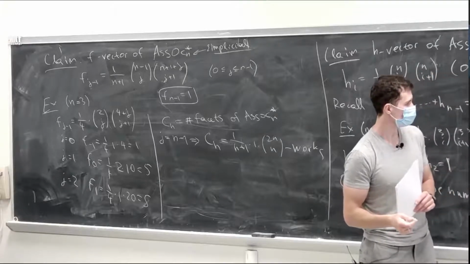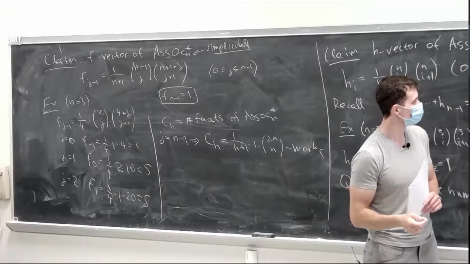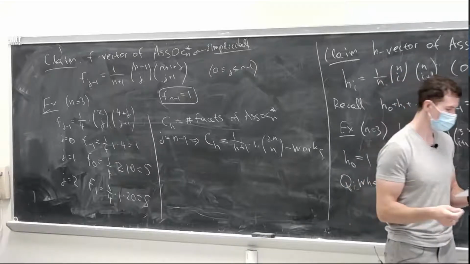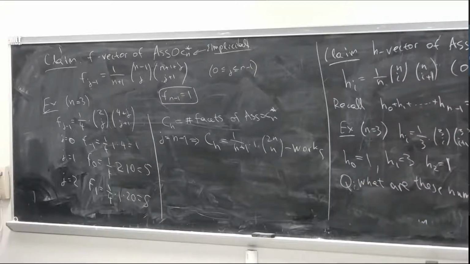And now the Narayana number, the entry of the corresponding h vector, is the number of Dyck paths with... maybe somebody can guess right now what it's going to be.